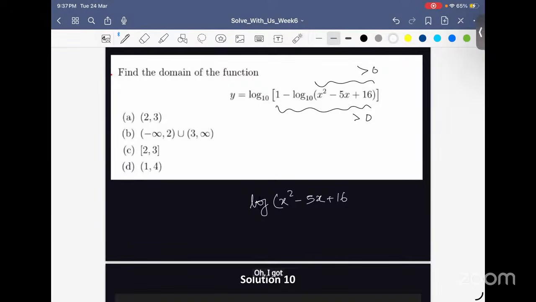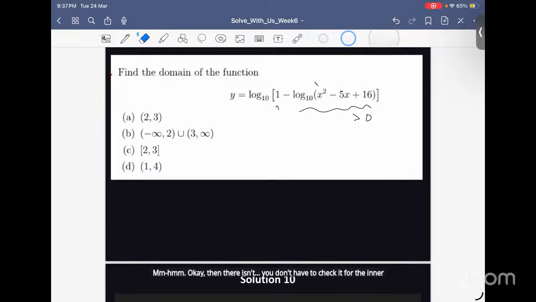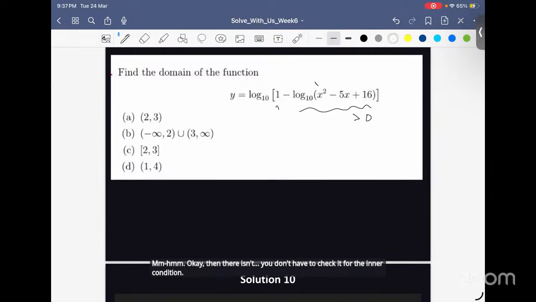Okay. Also, sir, the discriminant is less than 0 here. Oh, discriminant is negative, right? Yes, sir. And our vertex is also positive. Then you don't have to check the inner condition. Just the outer condition will give it, right?